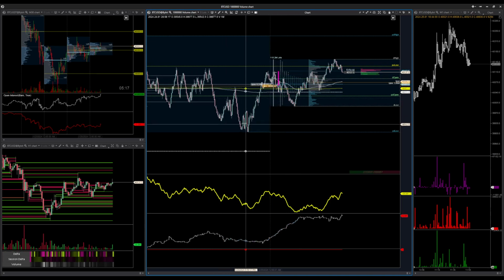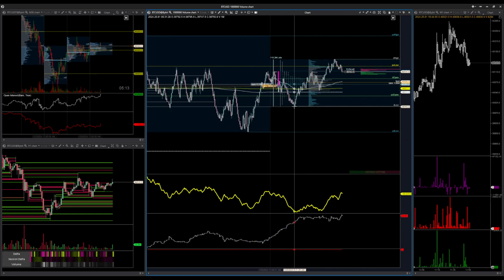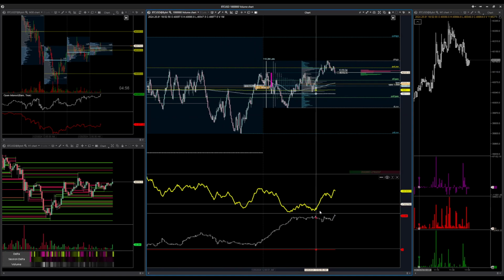This low had more selling than previous low, yet price made a higher low. That means shorts cannot push price down. They have a hard time pushing price down because someone is buying and holding with limit orders. Passive buyers are stepping in. They want price higher, and price went higher. This is predicting squeezes.